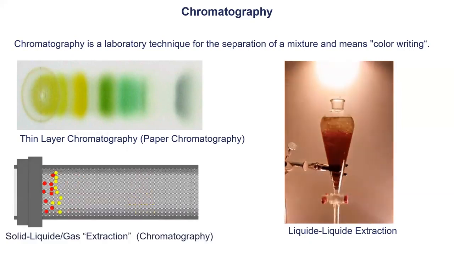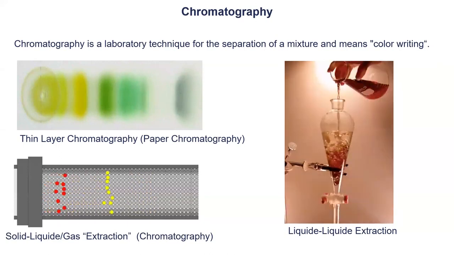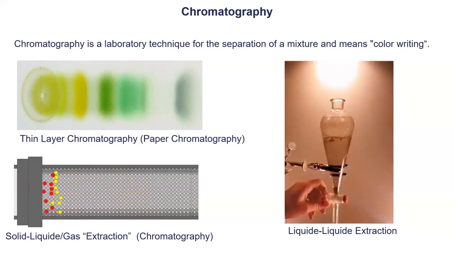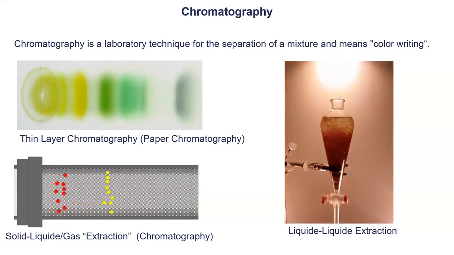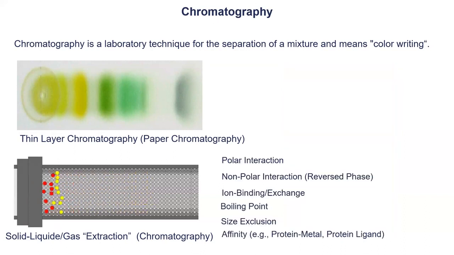And then you have the solid-liquid or gas extraction, which is basically liquid chromatography or gas chromatography. It's always the same. You have a stationary phase and then a mobile phase, and based on the affinity, where it will stay longer, you will see a separation of the compounds in the end.